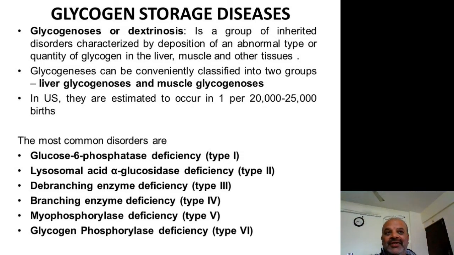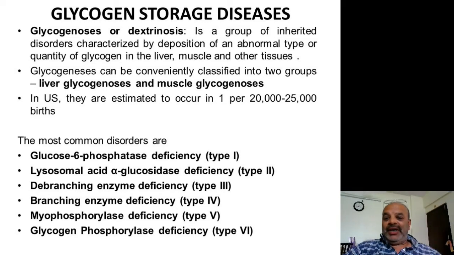The type 1 is the most common one, that is glucose 6 phosphatase deficiency. Then you have lysosomal acid alpha glucosidase deficiency, that is known as type 2. There is debranching enzyme deficiency, that is type 3, branching enzyme deficiency, that is type 4, myophosphorylase or muscle phosphorylase deficiency, that is type 5, and you have glycogen phosphorylase deficiency, that is type 6.